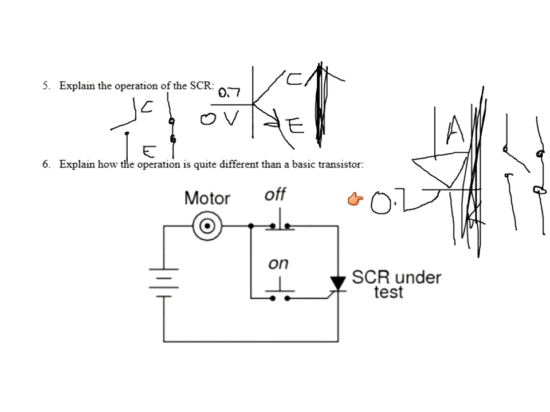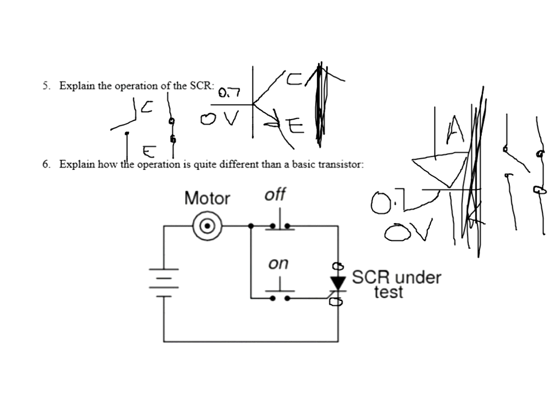On an SCR, though, it will not shut off even if I remove this voltage. Even if the gate voltage goes to 0 volts, it will not shut off. It stays on. How do I shut the SCR off? I have to reset it. I have to remove the current either from the anode or from the cathode or both to shut it off.